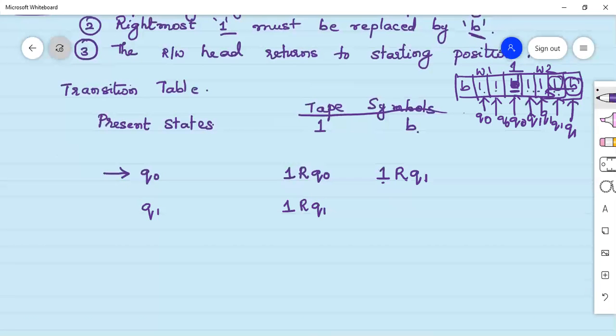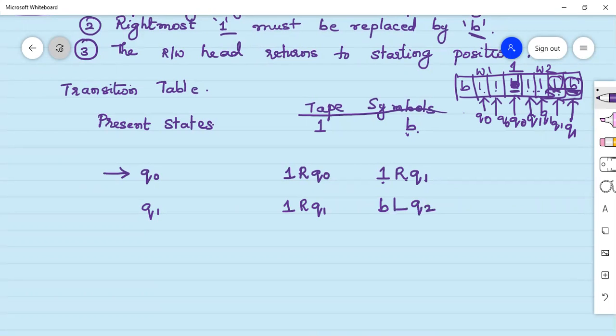So what will I do if I get a blank? If I get a blank, I'm not going to change anything. That will remain as a blank. But I have to come back to this one. So I have to make a left side movement, isn't it? So this is a different action. So I'll go to state Q2.